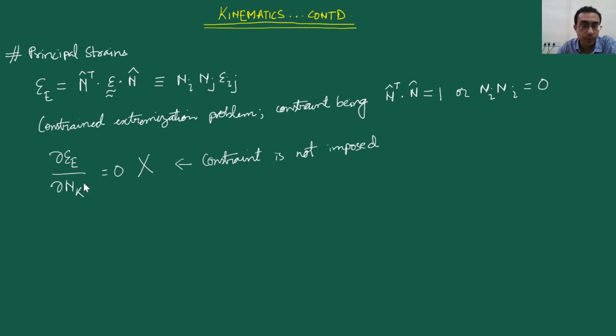That constraint is not imposed here. So I cannot naively write like this. Rather, what I have to write, and you'll perhaps remember this from your first year mathematics, is this statement with the extra term here.